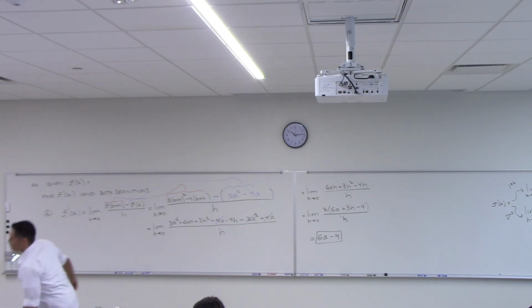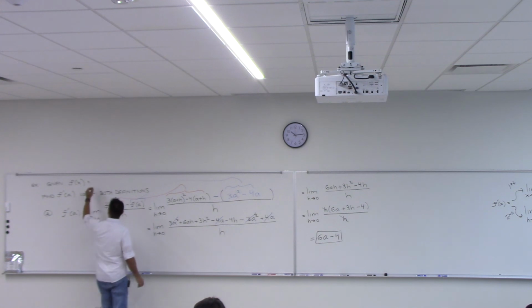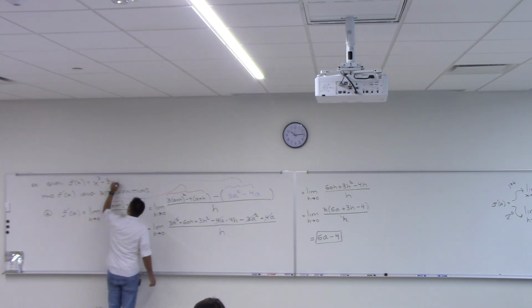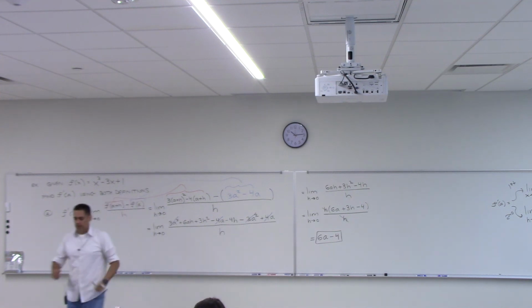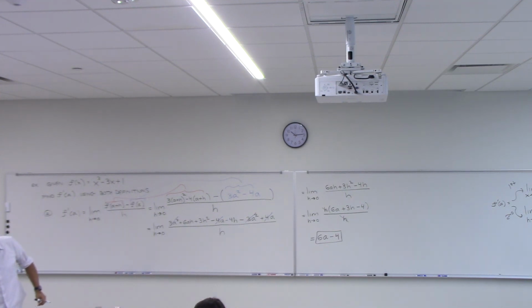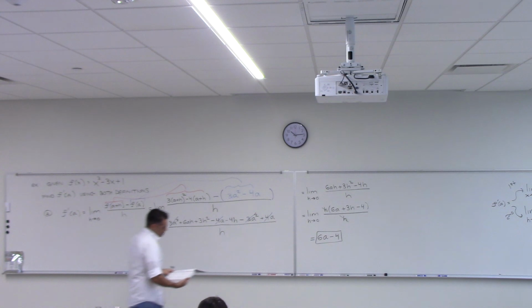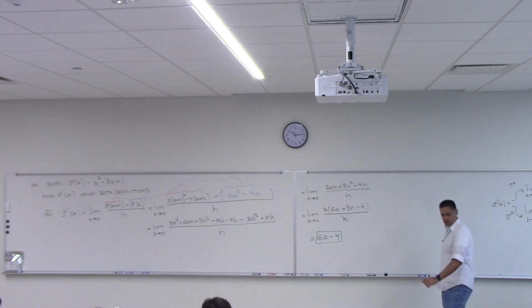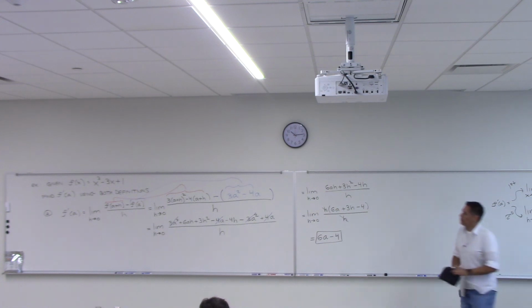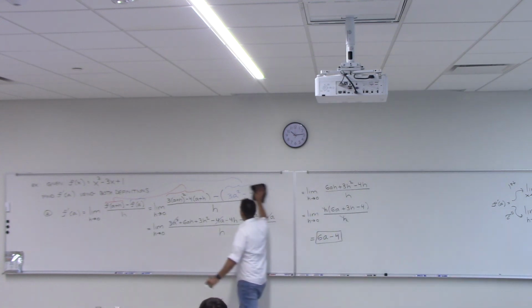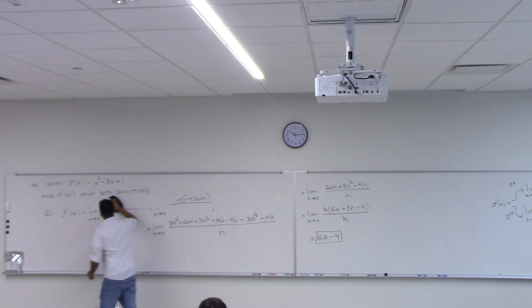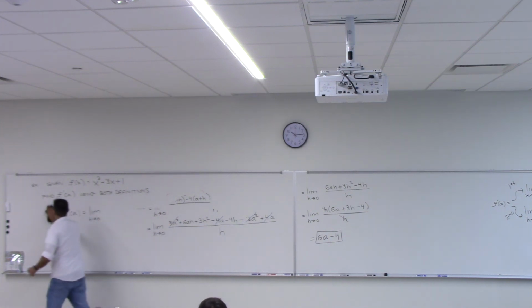Y equals x cubed minus 3x plus 1. And the points are 2 and 3. Okay, we're not even going to do that. We're just going to do it in general. So here's a new function. X cubed minus 3x plus 1. We want to find the derivative using both definitions, all right?